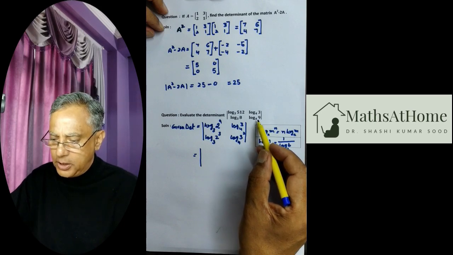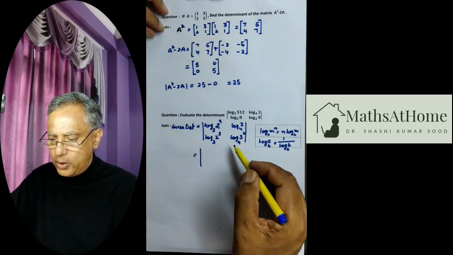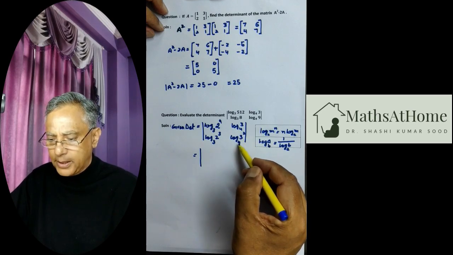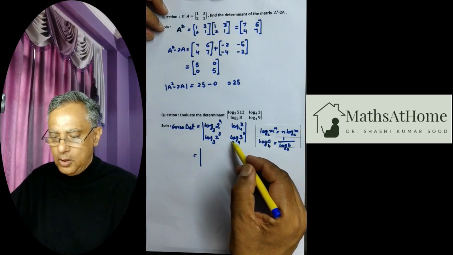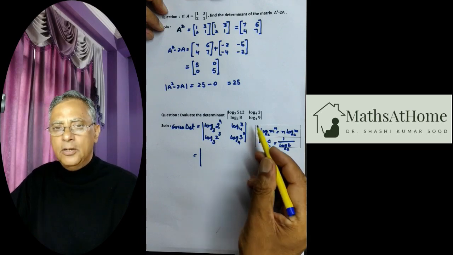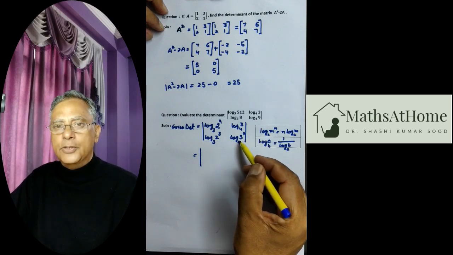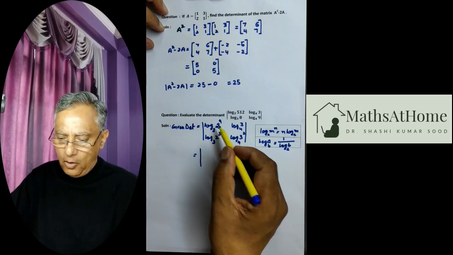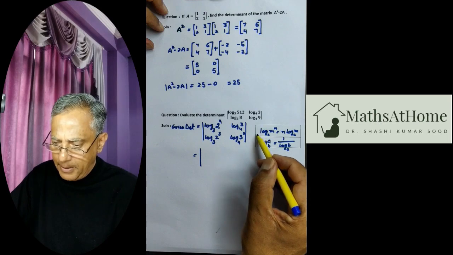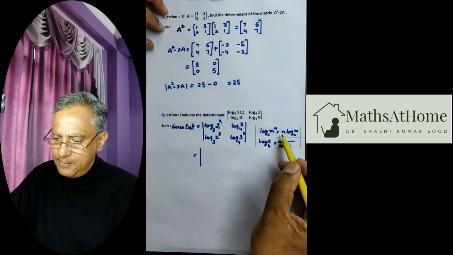And log 9 to the base 4 can be written as log 3 square to the base 4, since 9 is 3 square. Now, using this formula, we will take the power out. The power will come out.